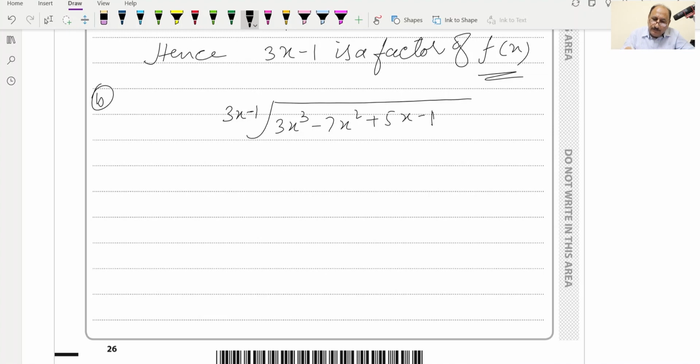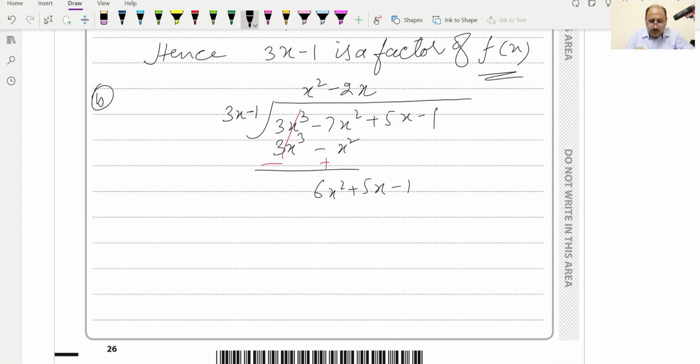Now we can divide properly, so it will be x², only x². We multiply by x², so we get 3x³ − x², and we can change sign and cancel, and we will get here −6x² + 5x − 1, and further we can multiply it with −2x.